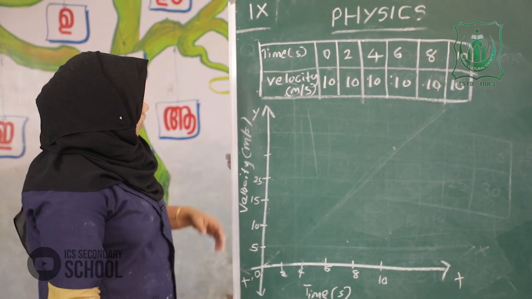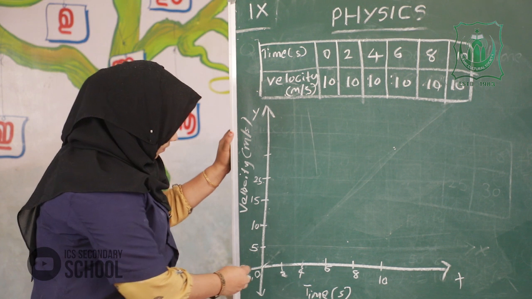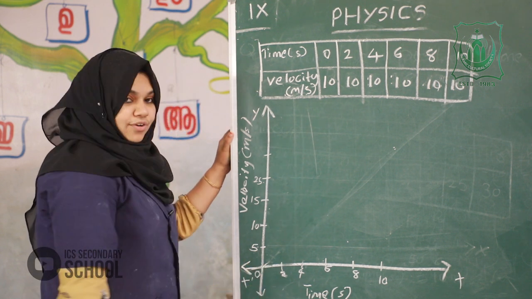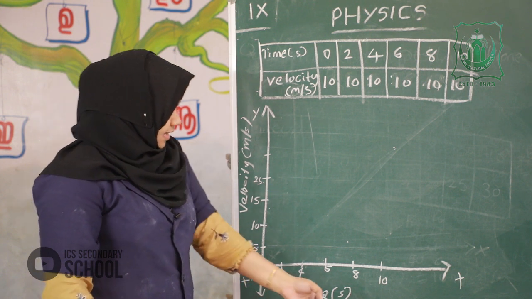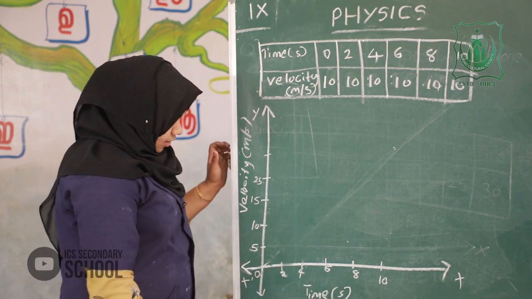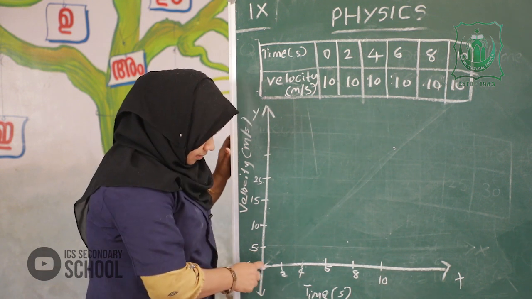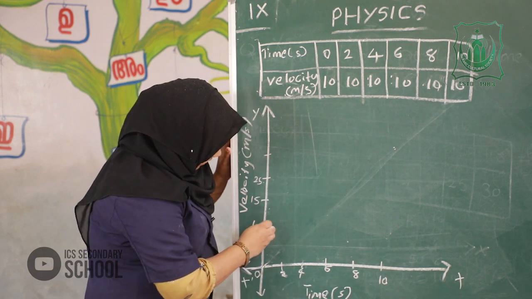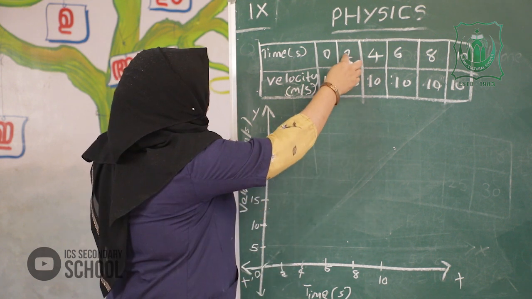Okay. How can we draw this velocity time graph here? First we draw the x-axis and y-axis. Then mark velocity on the y-axis and time on the x-axis. Here, given at 0, what is the velocity? 10. Then at 2, what is the velocity?